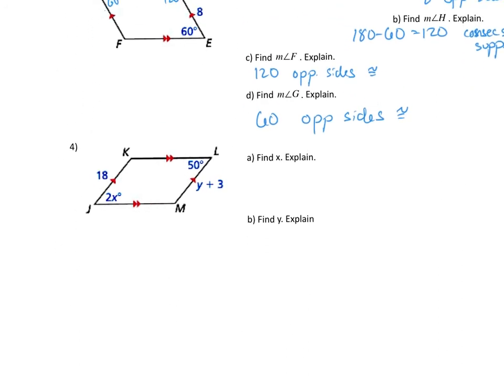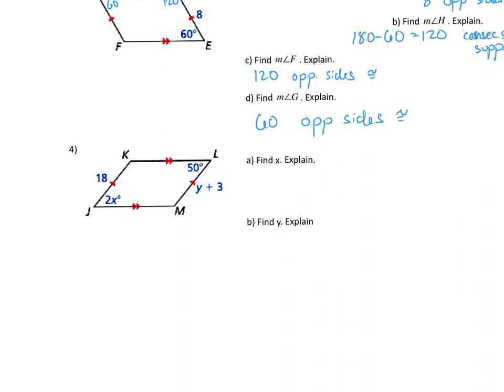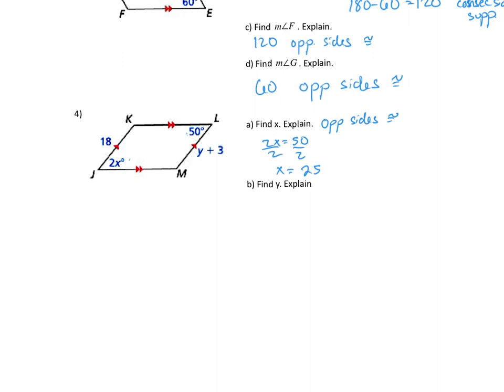Let's go on to number 4. Number 4, find x. Here, these opposite sides, I know opposite sides are congruent. So I'm going to set them equal. 2x must equal 50. Divide both sides by 2. X then must equal 25. Find y for B. Same thing.